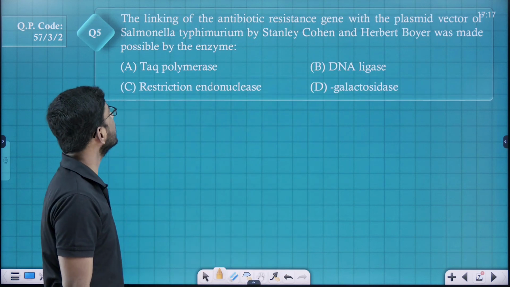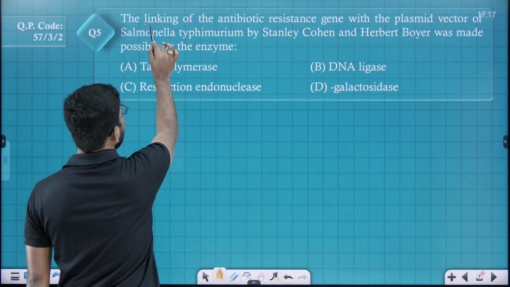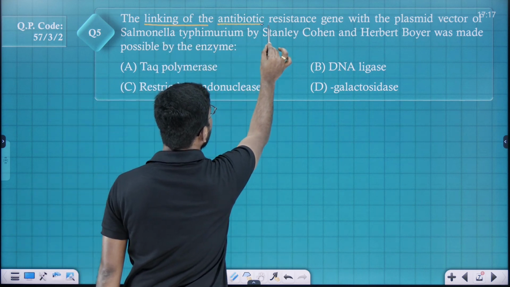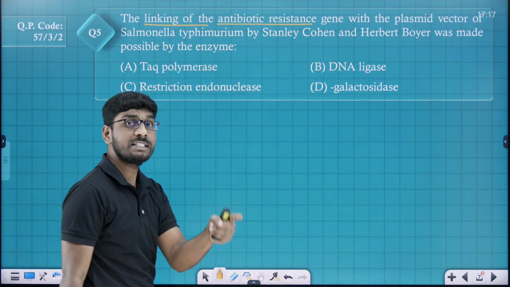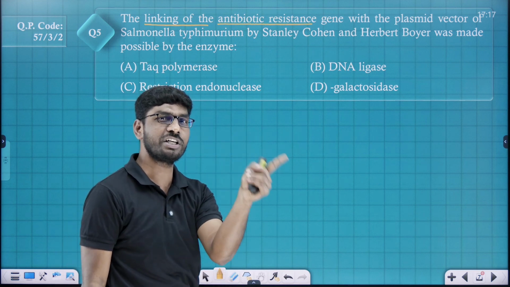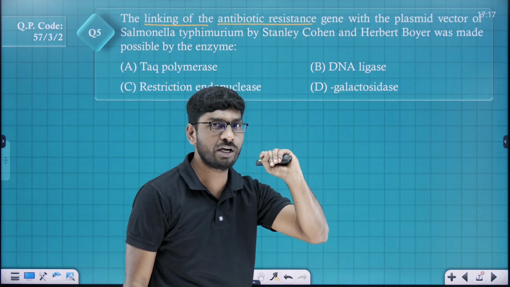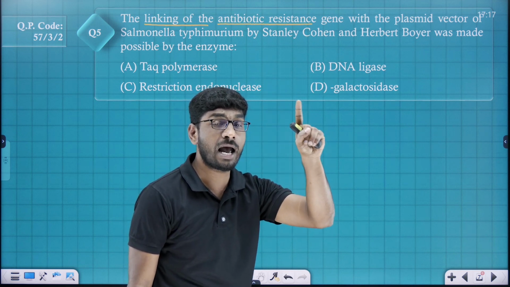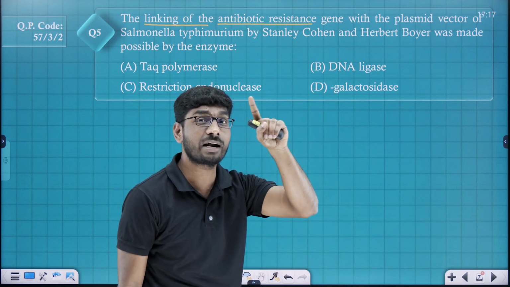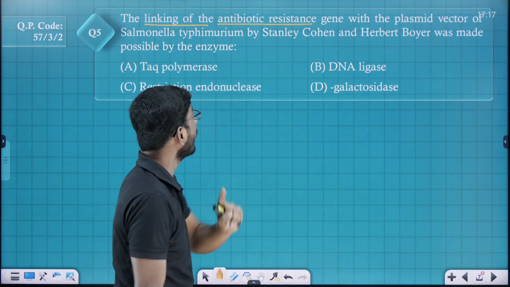Next question is the linking of antibiotic resistant gene. This question is from biotechnology principles and processes. Cohen and Boyer made the first rDNA, antibiotic resistant, in 1972.